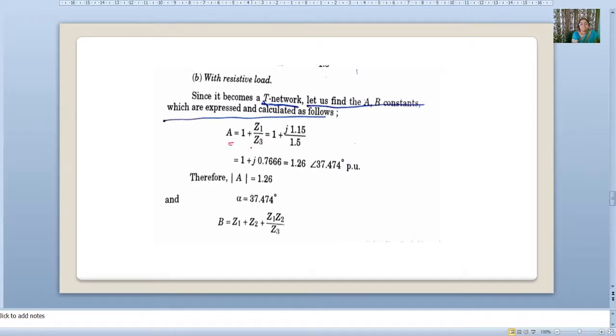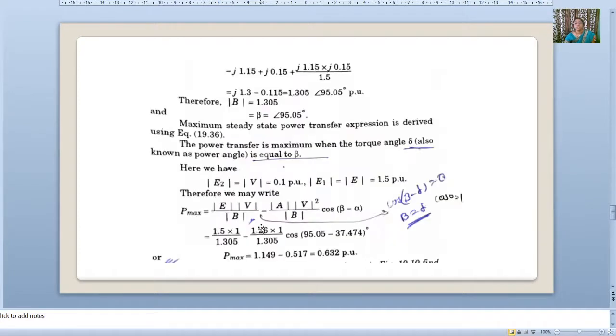A is 1 plus Z1 divided by Z3. Then A we find out: A is mod of A at an angle alpha, so alpha is 37.474. B is mod of B and its angle beta: Z1 plus Z2 plus Z1 into Z2 divided by Z3.